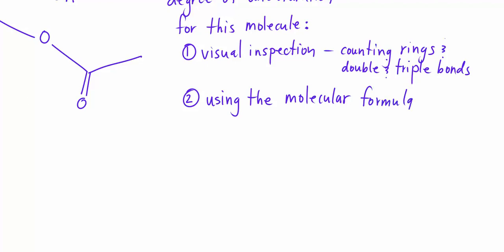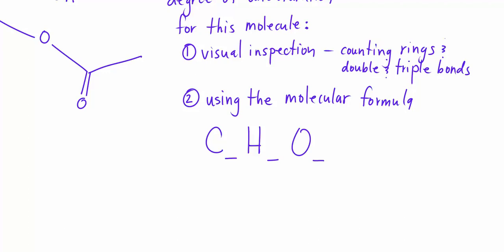So you have to look at this molecule and apply what you learned in chapter 1 to determine I have a certain number of carbon atoms, a certain number of hydrogen atoms, and a certain number of oxygen atoms.